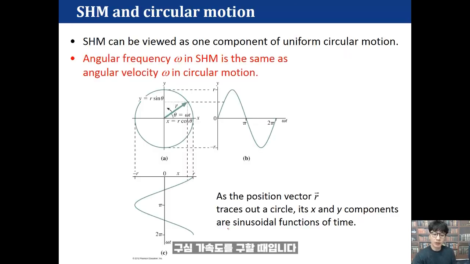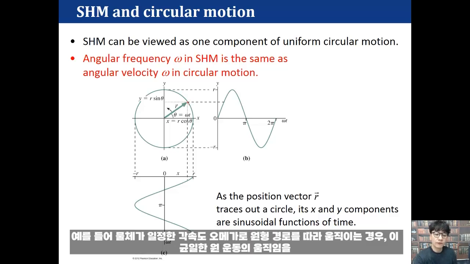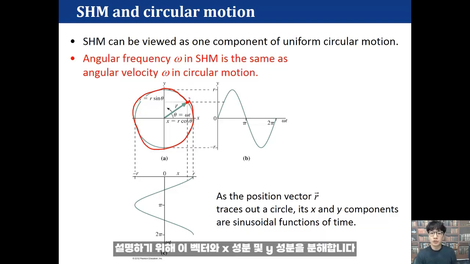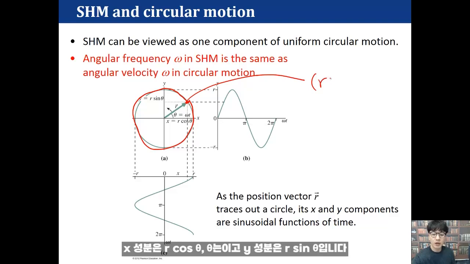When we find the centripetal acceleration, for example, if an object moves in a circular path at a constant angular velocity omega, then to describe the uniform circular motion, we decompose this vector into x component and y component, right? The x component is r cosine theta, where theta is omega t, and the y component is r sine omega t.